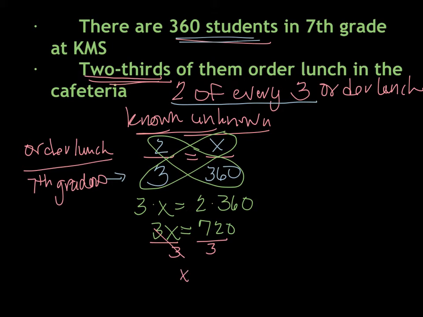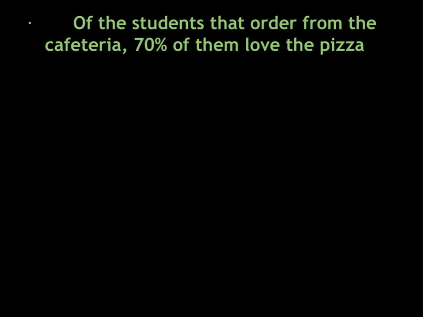These cancel, and x is going to equal 240 students that order lunch in the cafeteria. So I know that that is what I need to take with me, and go on to our next page.